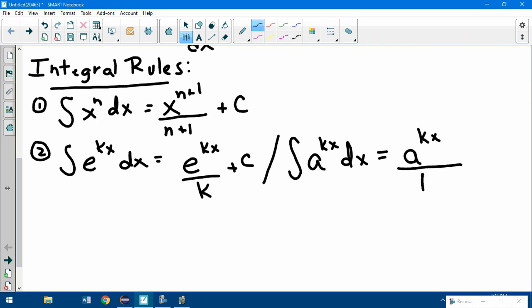So now we divide by ln of a, but you'd also have to multiply by the derivative of kx. You'd have to multiply by k if you had the derivative. So we divide by that k, just like I did over here, plus c. So that one's not used as often, but it could come up.